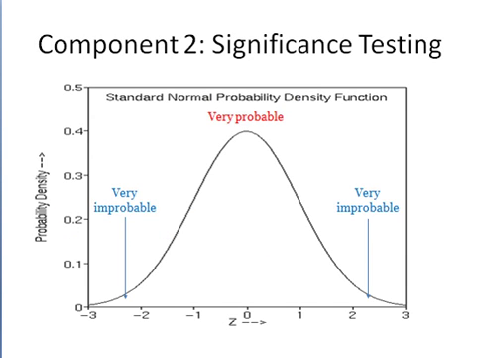So moving right along, here's some significance testing fun here. Here's a nice picture of the standard normal probability density function, and for those of you who have taken calculus, maybe you've seen this function before. It's just a normal distribution, and you can see that on the bottom, on the x-axis, are z-scores.